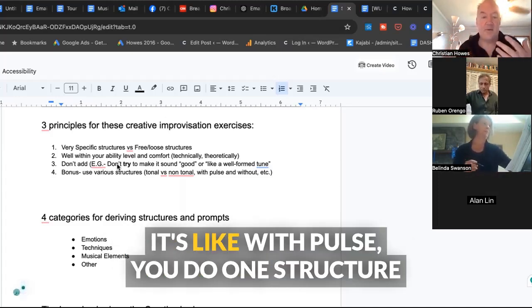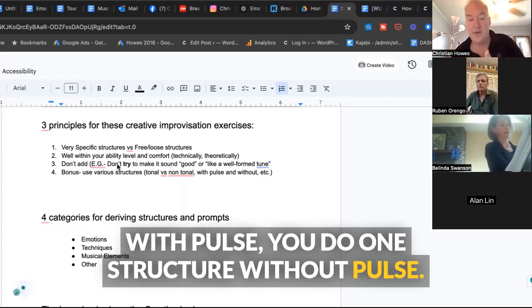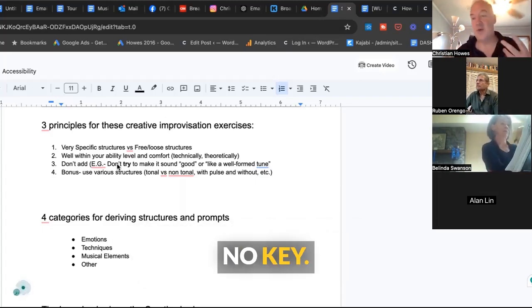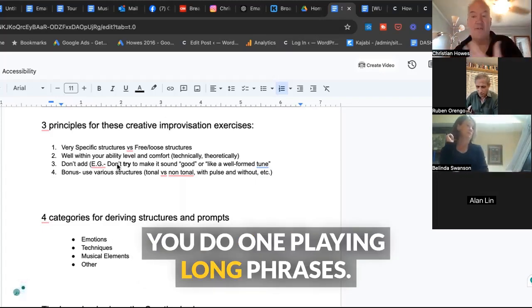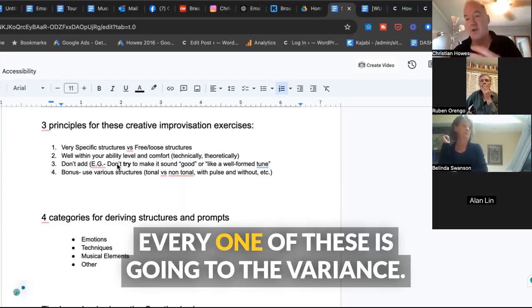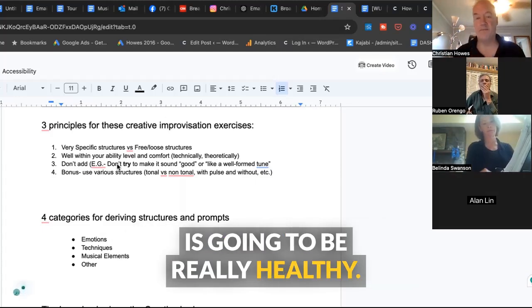Same thing with pulse: you do one structure with pulse, you do one without pulse. You do one in the key of D major, you do one in no key. You do one playing long phrases. You do one that's slow. You do one that's fast. Every one of these, the variance is going to be really healthy.